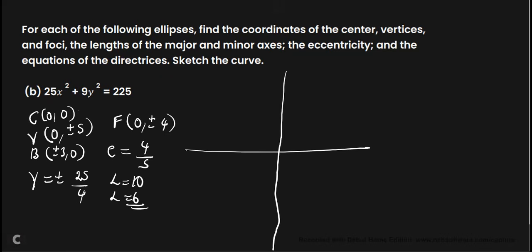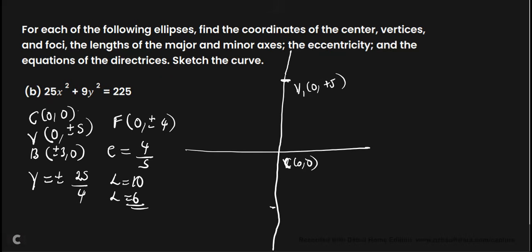Then what is your center? The center in this situation is 0, 0. You have identified the center. After identifying the center, you also identify the vertices. Vertex 1, which is 0 comma positive 5.